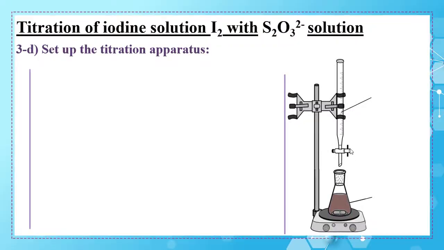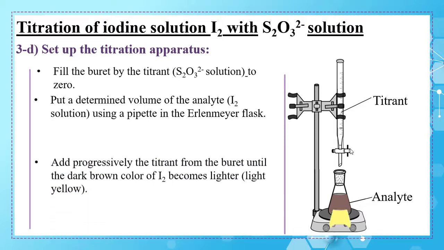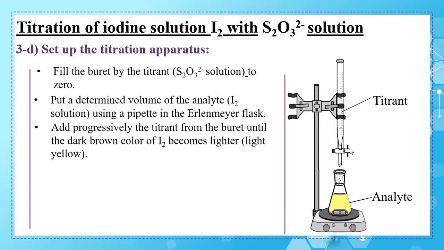To set up the titration apparatus, first of all we fill the burette with the titrant, which is S2O3 2-, to the 0 mark. Then we put a determined volume of the analyte, which is I2, in the Erlenmeyer flask. We start adding progressively the titrant over the Erlenmeyer flask until the dark brown color of iodine becomes lighter.